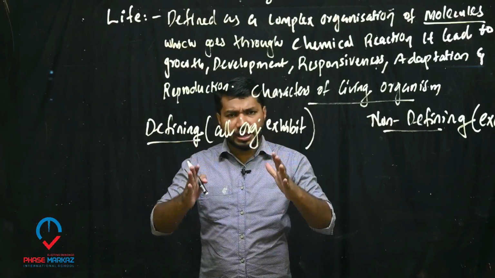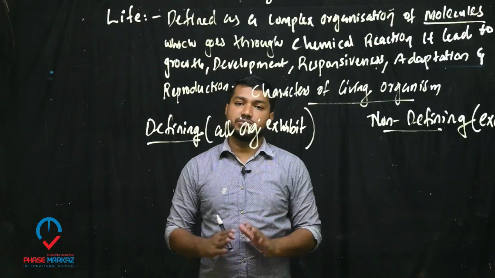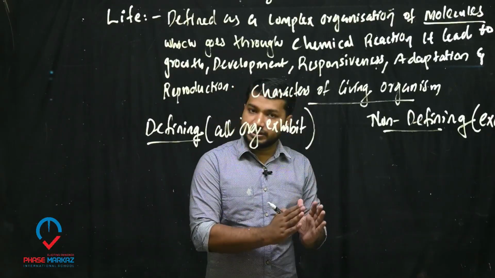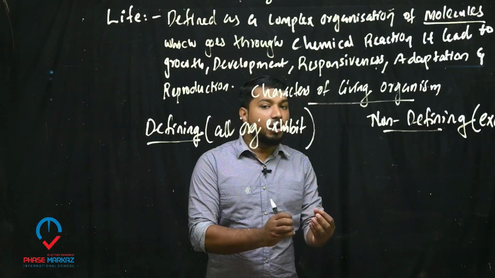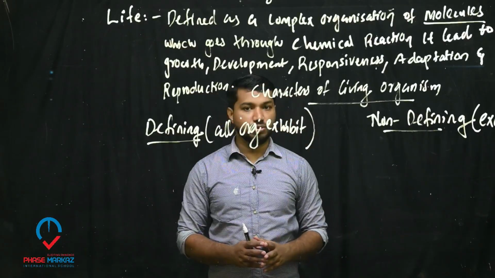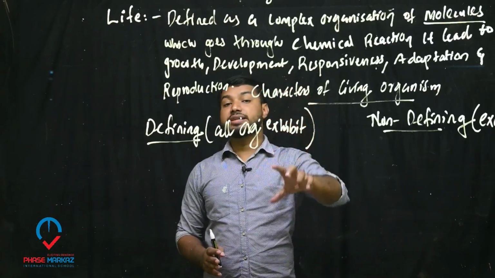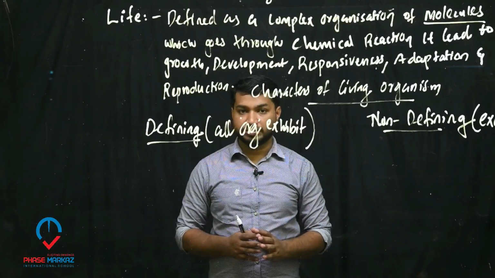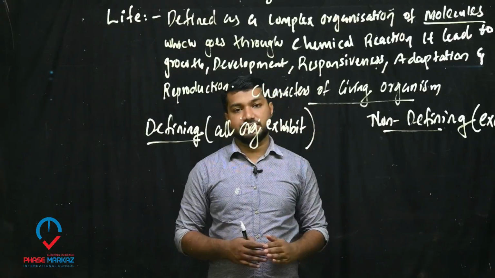Defining means it is applicable to all kinds of living organisms, with no exception. Non-defining means there will be an exception. So based on a non-defining character, we cannot confirm whether an organism is living or non-living. Hope you understood.